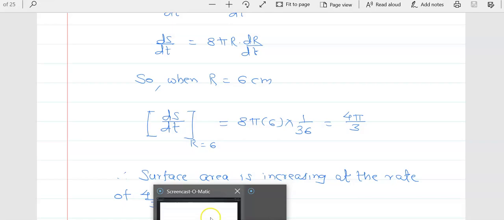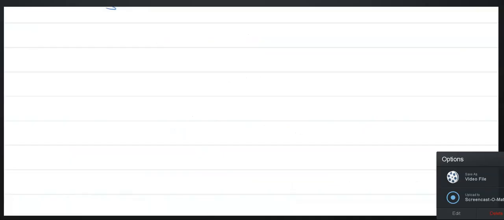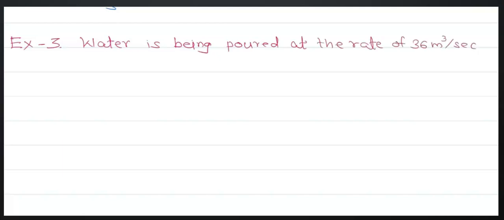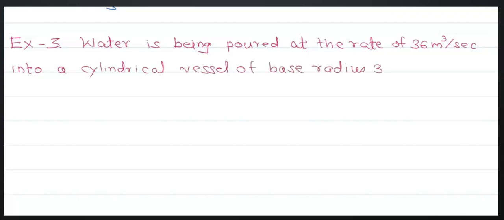Now the next problem is, water is being poured at the rate of 36 meter cube per second into a cylindrical vessel of base radius 3 meters.